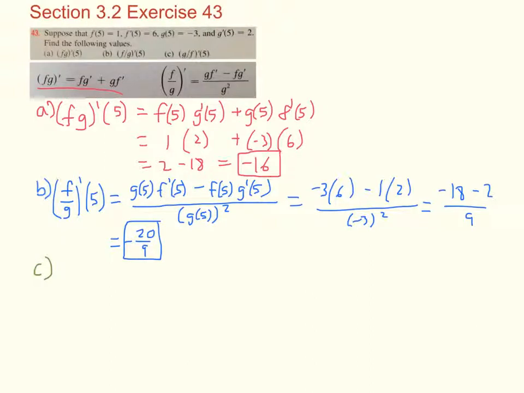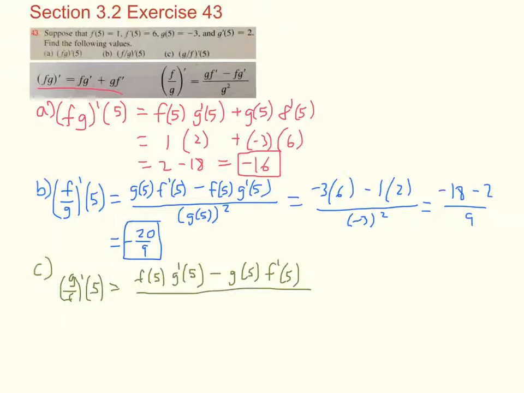Now in this one, we are calculating (g over f) prime evaluated at 5. So everywhere we have f's and g's, we're going to swap them since they're in a different order this time. So we're going to have f of 5 g prime at 5 minus g of 5 times f prime at 5, all over f of 5 squared.